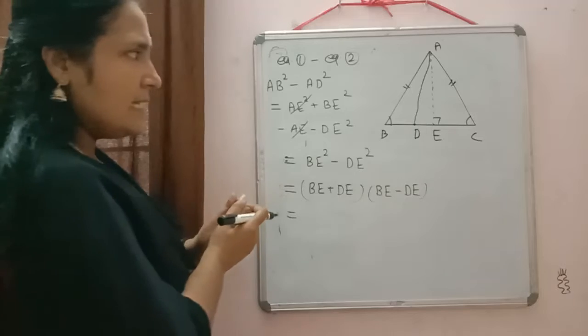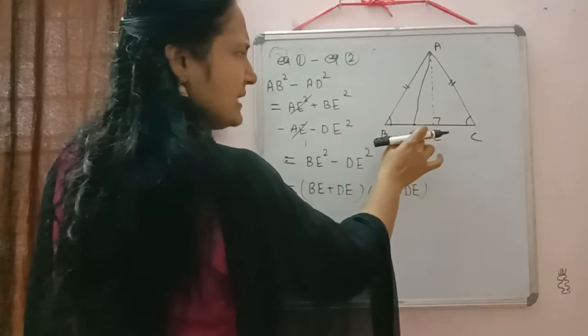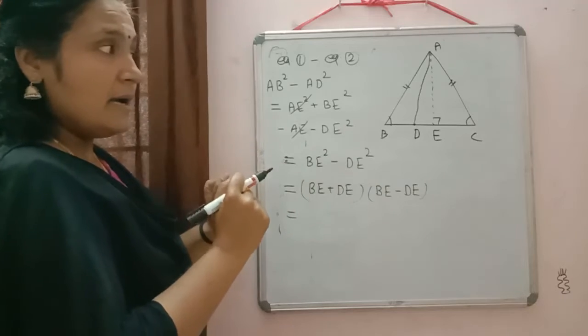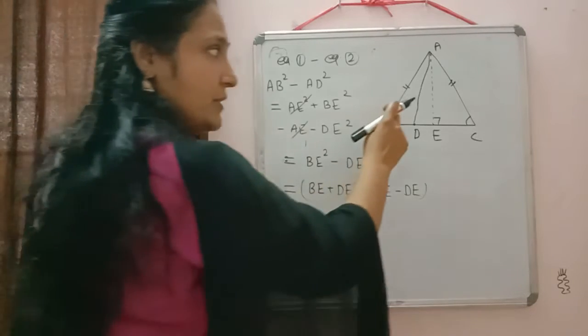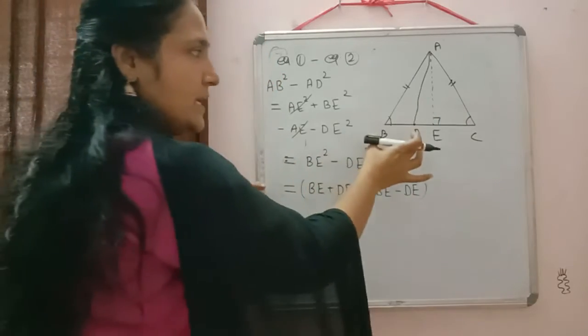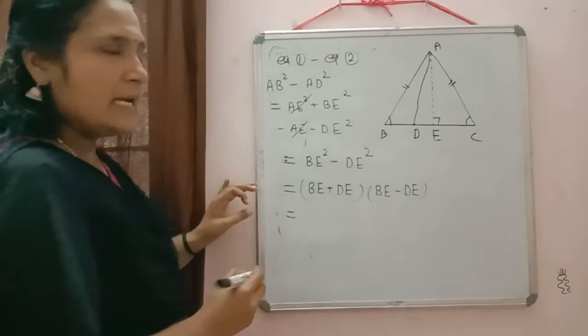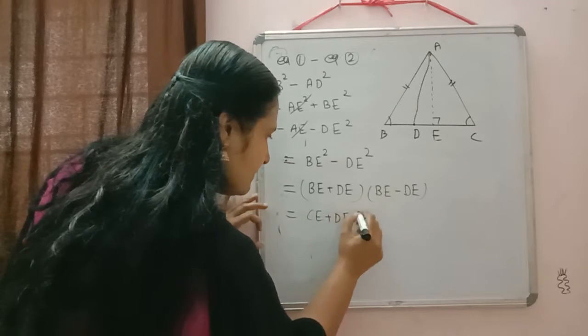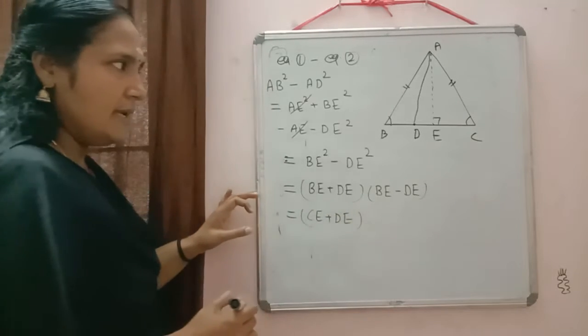Now we can check whether we will get the proof or not. BE plus DE has no use as it is. So here we will use the condition which we proved: we wrote that these two triangles are congruent, so BE is equal to CE. In place of BE, write CE. So CE plus DE here.